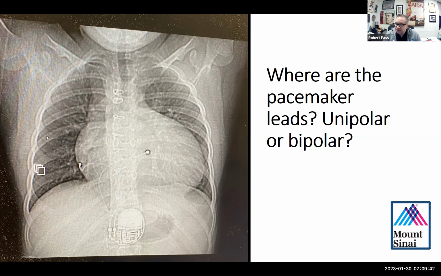All pacing is a circuit, so there needs to be a cathode and an anode. In this case, the lead and the device are the cathode and anode, versus a bipolar lead where they're both integrated into the same lead. So in a sense, it's a little bit of a misnomer to call a unipolar lead unipolar, because there are in fact two poles. It's just that there's only one pole that's touching the heart, or is in the heart in this case.